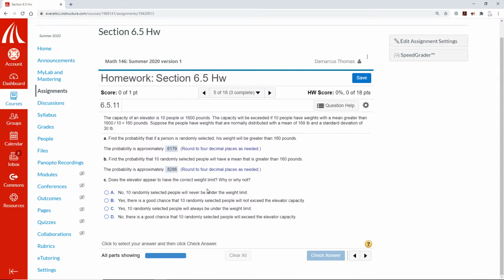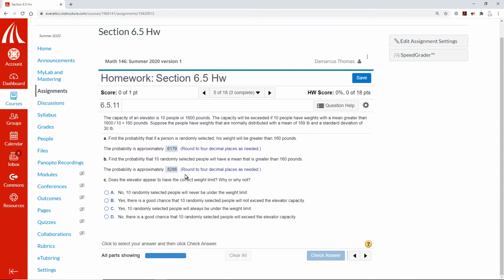Why or why not? Well, we just saw that according to this, 82% it will be at capacity.